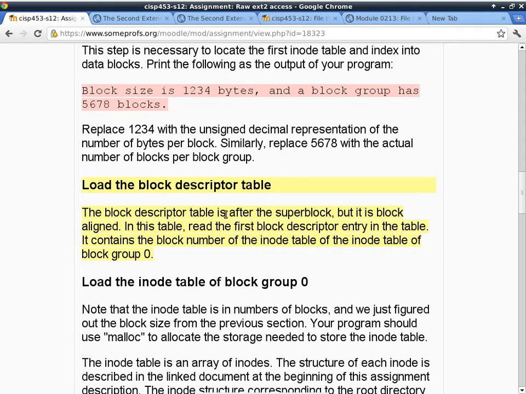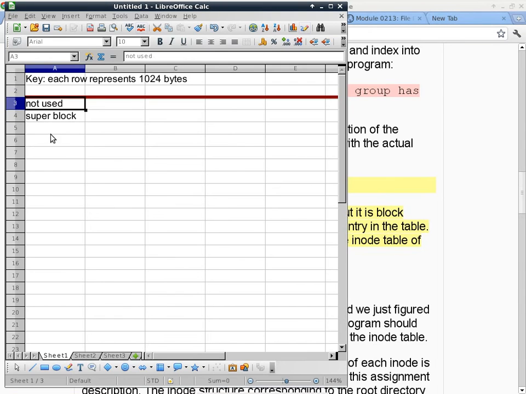The block descriptor table is after the superblock, not before, but it is block aligned. So that means you have to take this entire block. This is one unit, this is one block, because our block size is 4,096 bytes. So that means the next available block starts here.